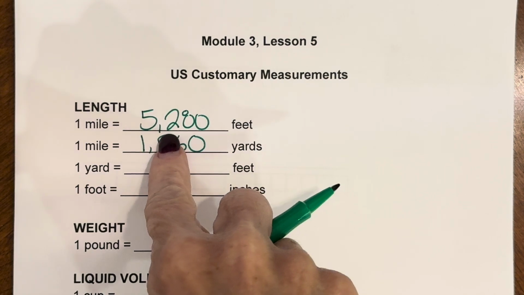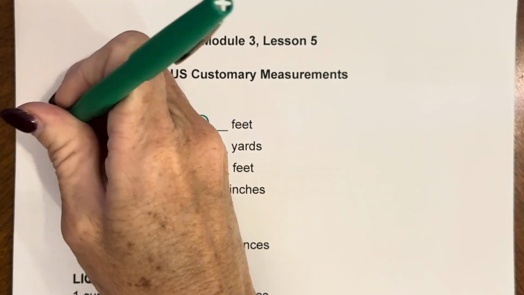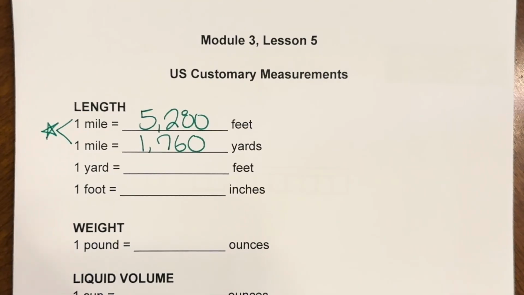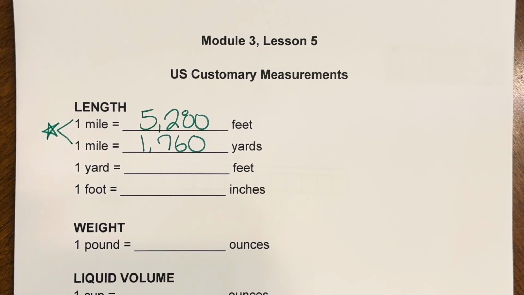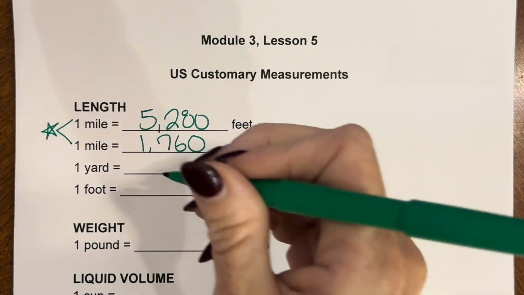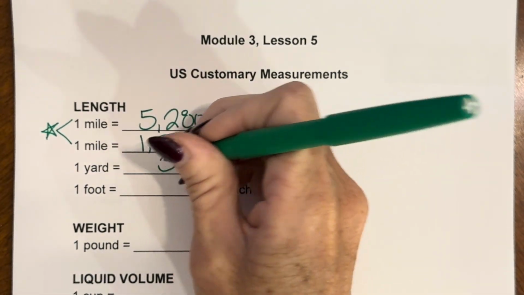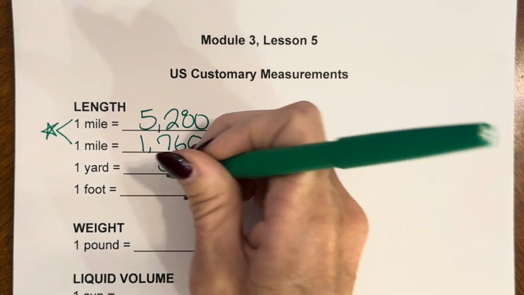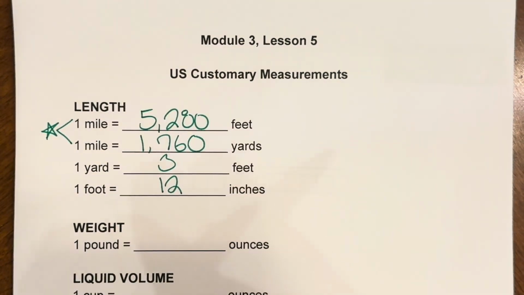Now, these two measurements I will provide for you on a test. All the other measurements on this page are ones that you're going to have to work on memorizing slowly. 1 yard is equal to 3 feet, and 1 foot is equal to 12 inches.